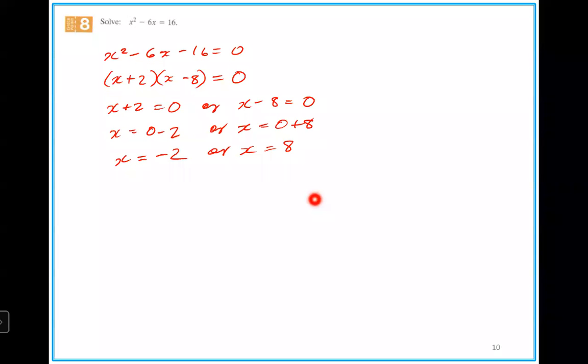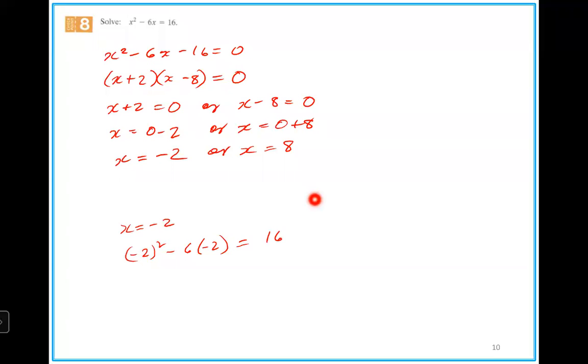And then you could always check your answer by substituting it into the equation. If you do the first one for x equal negative 2, then x squared would be negative 2 squared minus 6 times negative 2 equals 16. You could check to see if that's the case.